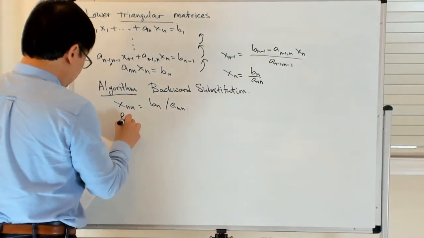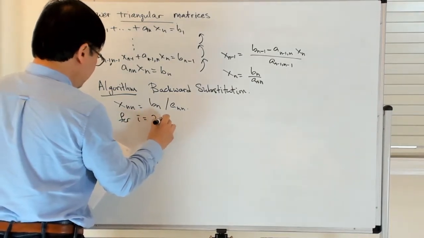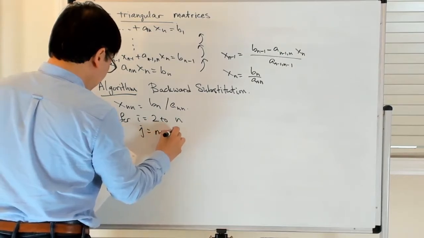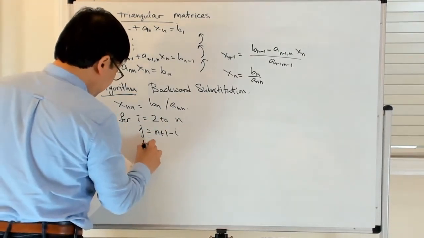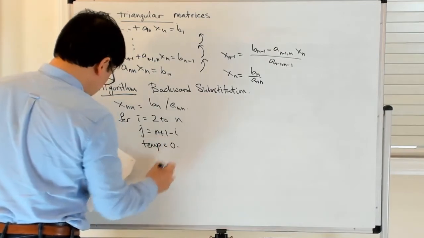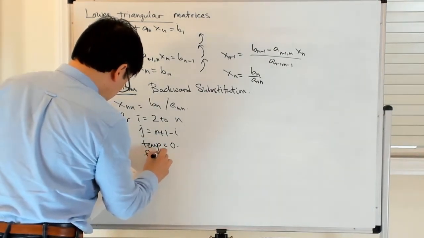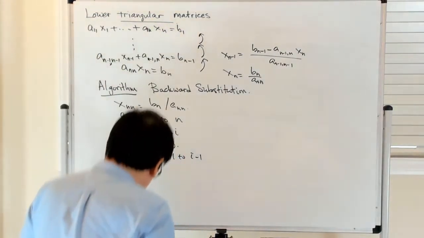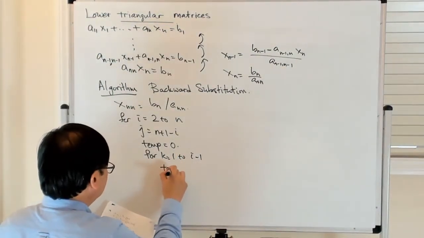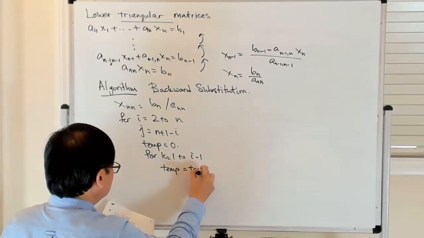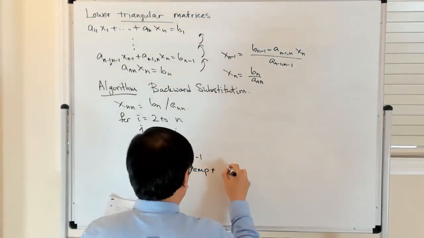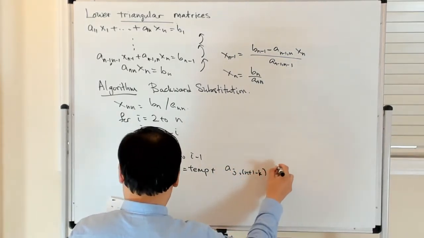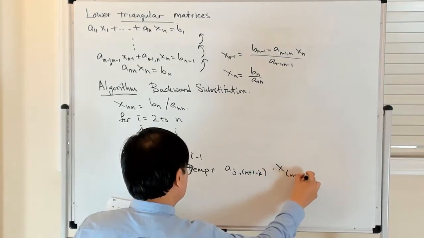Then for i equals 2 to n, you do the following. j is equal to n plus 1 minus i. temp is equal to 0. Then for k equals 1 to i minus 1, temp is equal to temp plus a j, n plus 1 minus k multiplied by x n plus 1 minus k.